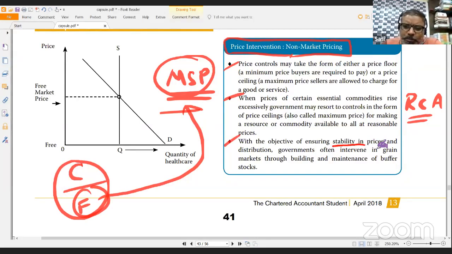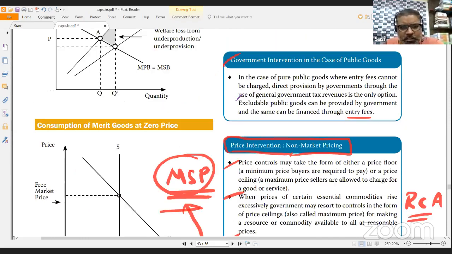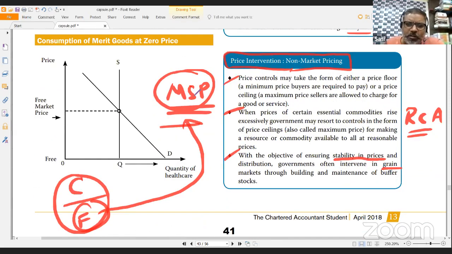Because there should be some stability in prices and distribution. Governments have to intervene in the markets, particularly in India. Grain markets, food products markets, government keeps on intervening with these ceiling or floor prices. That is the job of the government. It has to do that. And sometimes, as we discussed, direct intervention also government will do. Government itself will purchase.